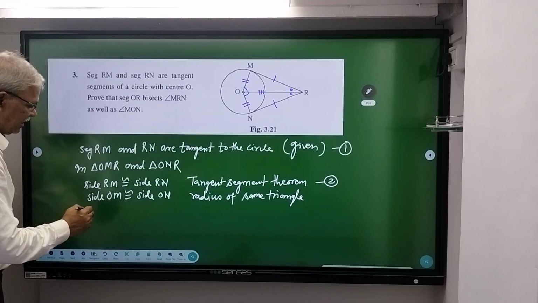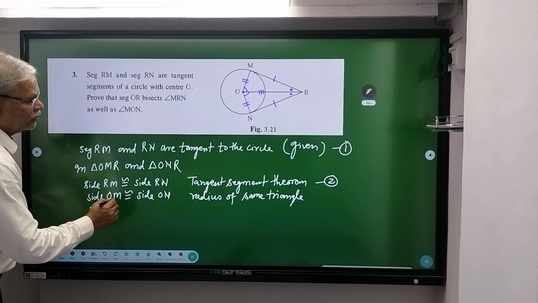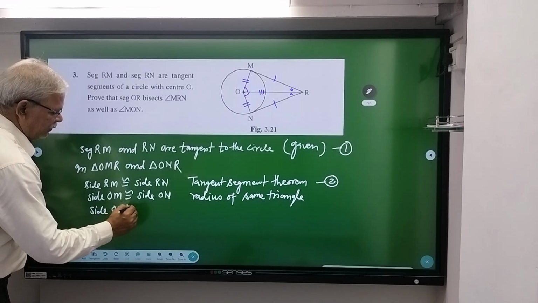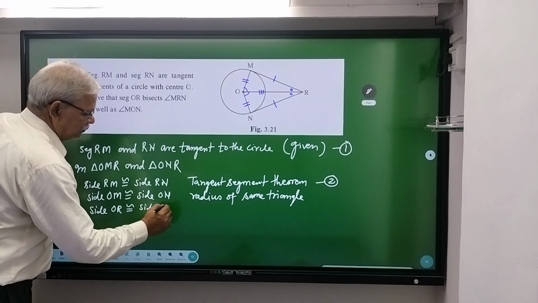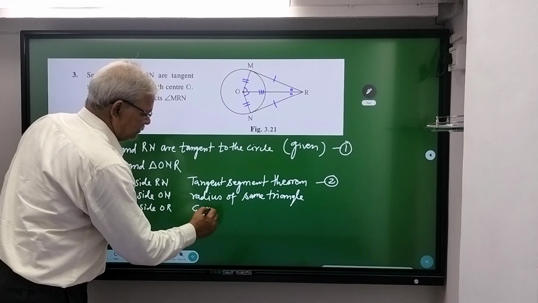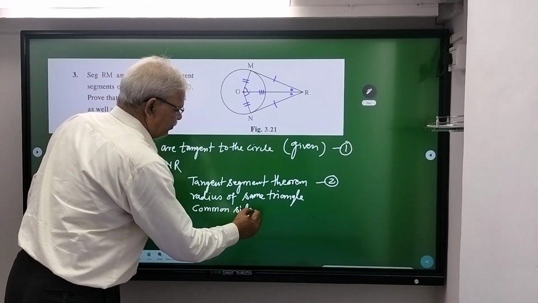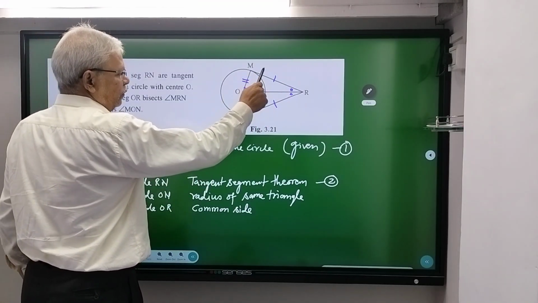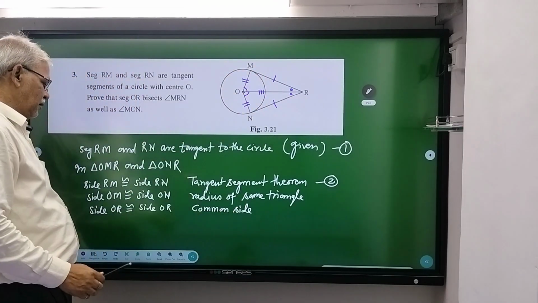And after that, side OR is congruent to side OR. That is a common side, means this side is in both the triangles, OR is here in OMR and here in ONR.